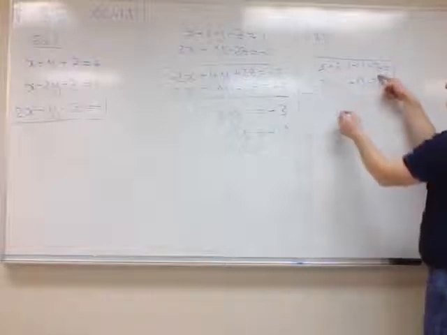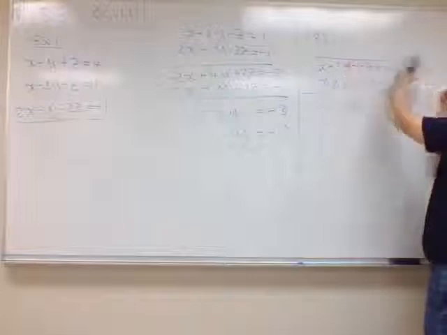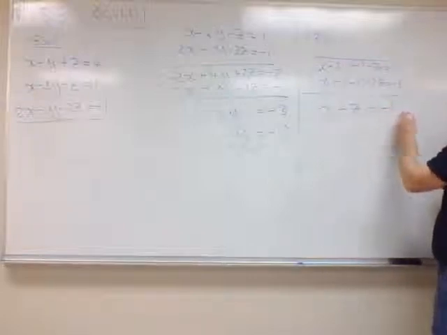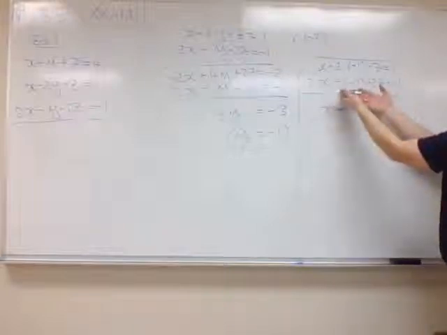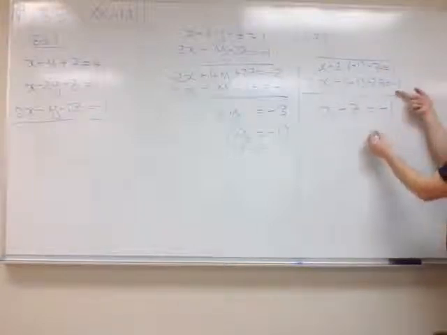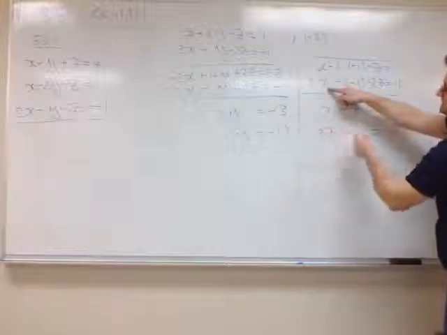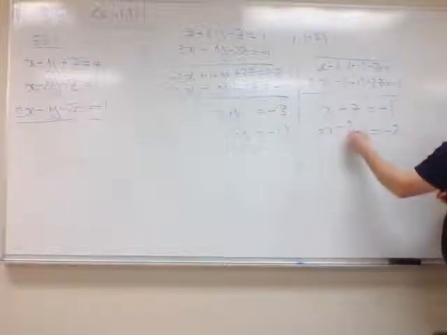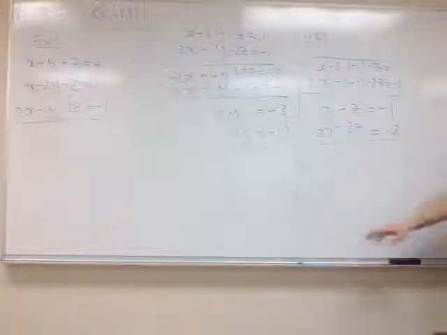So here you have x minus z equals -1. And here you have plus 1, so when you move to the right, you get -1 minus 1, that's -2. And what remains on the left side is 2x minus 2z. Okay? So this is what you have.